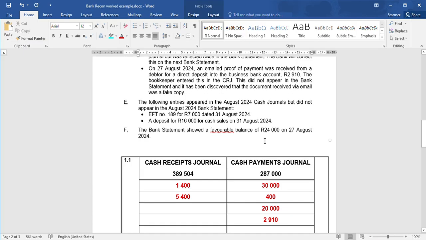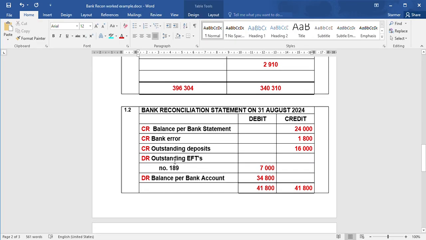Right, then the following entries appeared in the August cash journals, but not in the bank statement. An EFT for 7,000 Rand dated the 31st of August. If you ask yourself the question, who hasn't recorded the transaction, your answer will be the bank. That will decrease what the bank owes you, so you will debit that EFT.